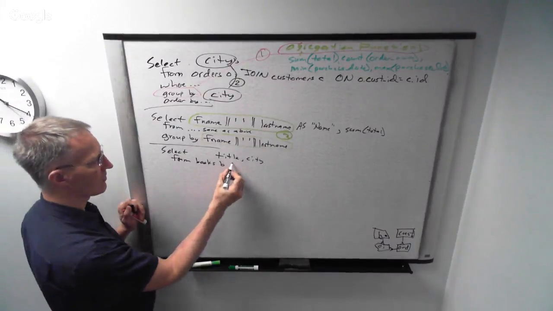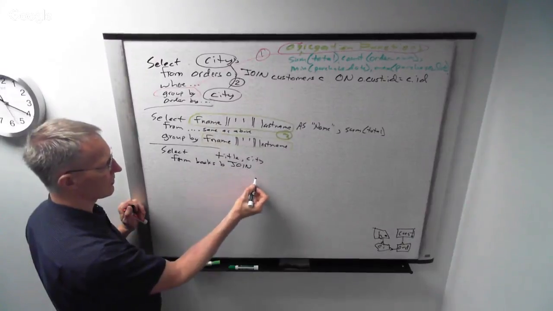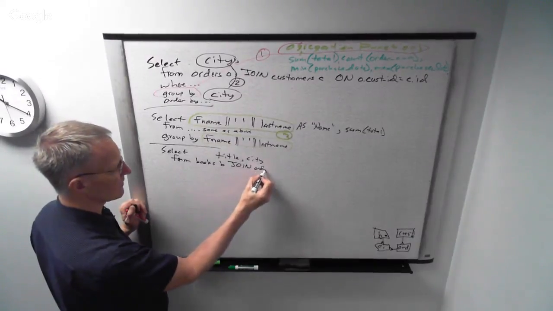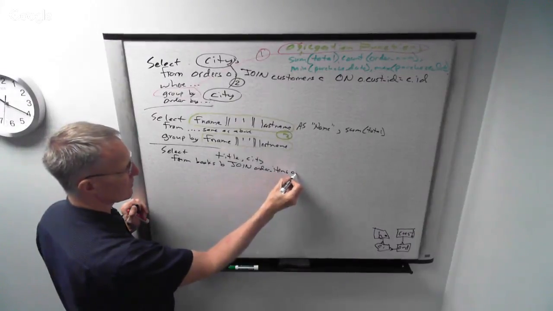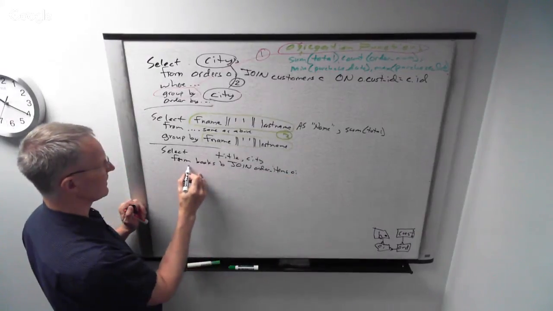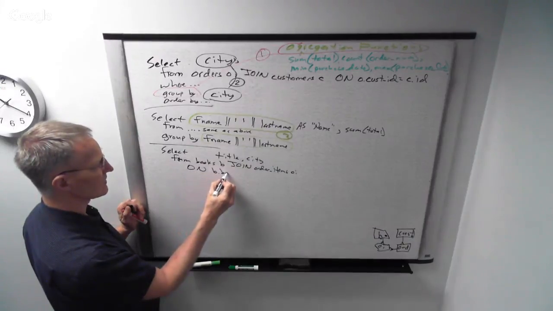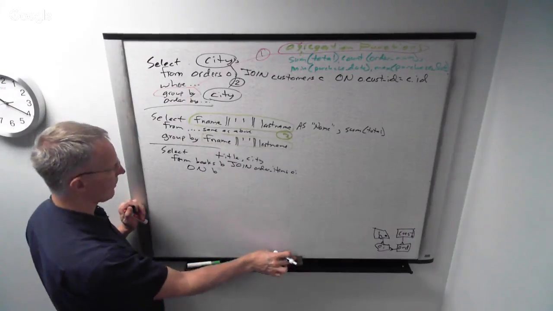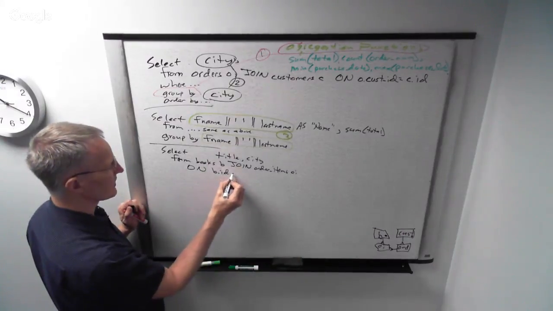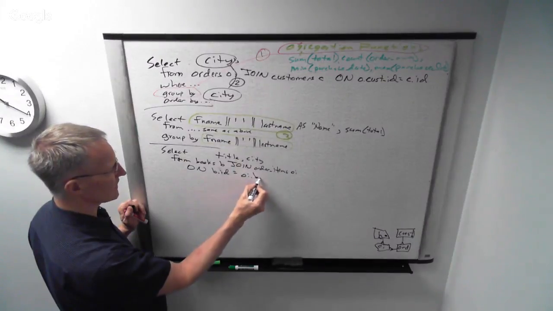Join order items, OI, and the on portion. So B.ID equals OI.book_ID.